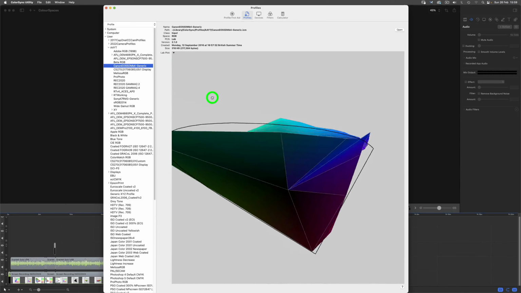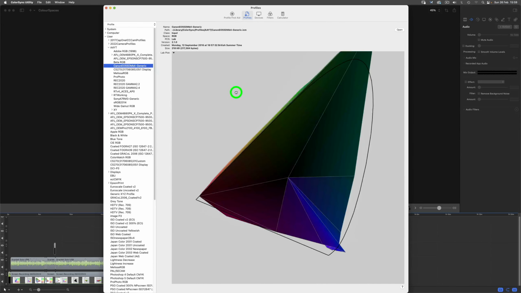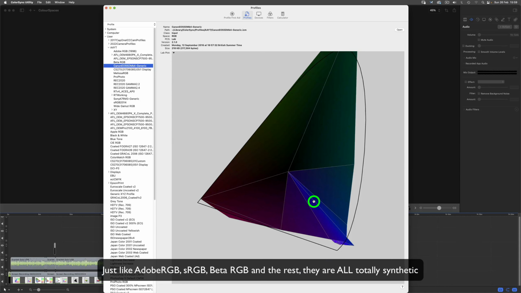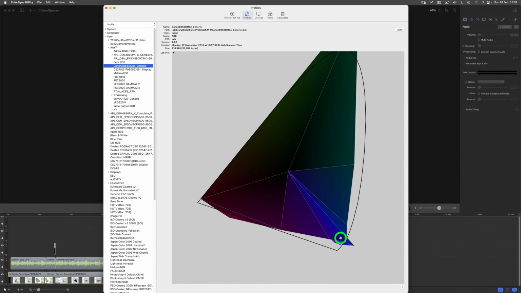I mean, come on. It's all right slagging ProPhoto off because it contains synthetic colours, as they like to call them. They're not synthetic, they're just outside the gamut of human vision, but they are capturable by a bloody camera. So, go figure.